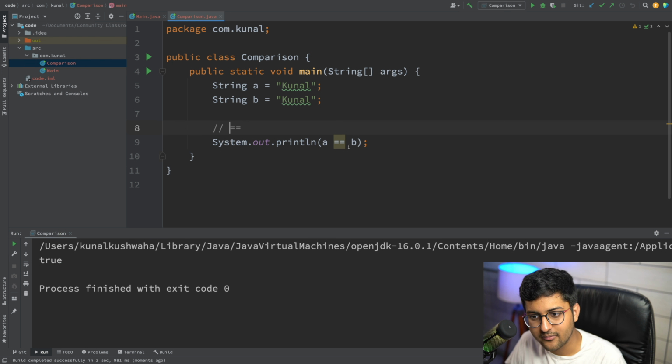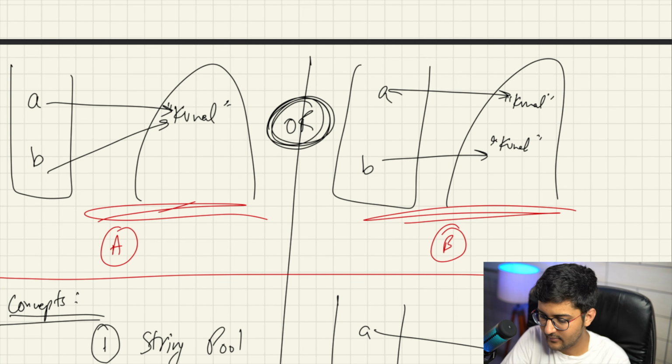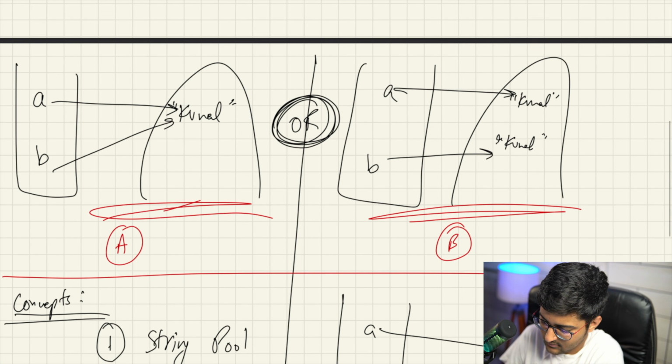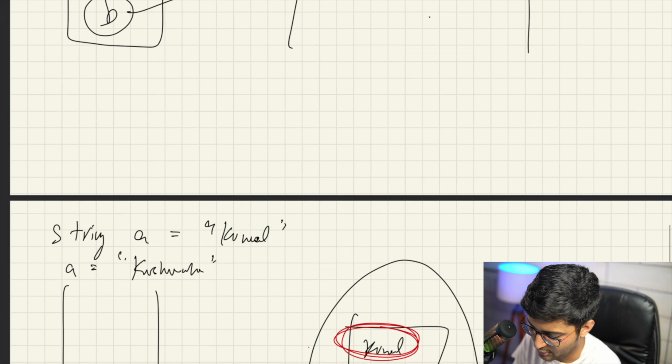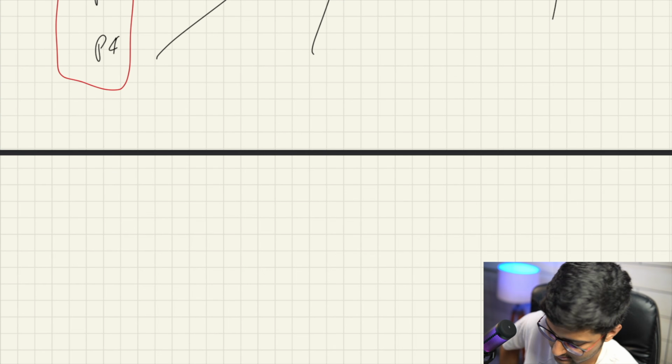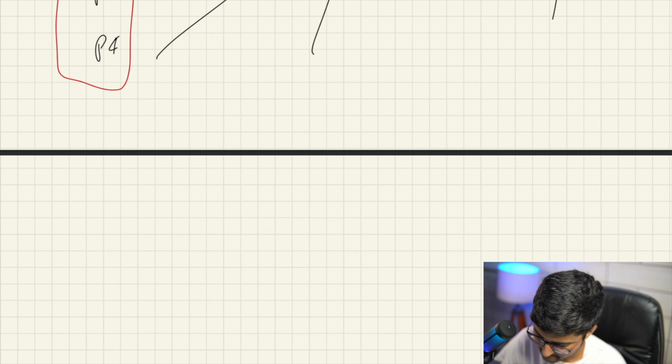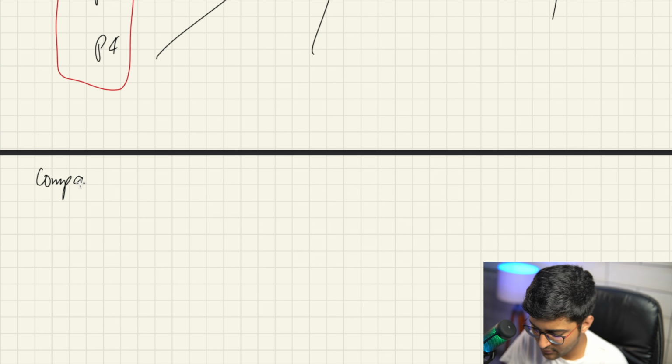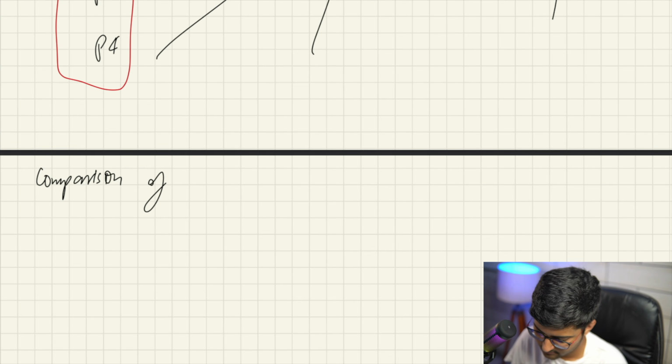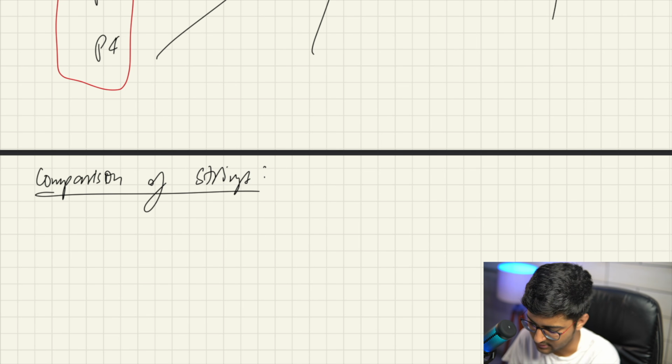So what is the reason for equal to? What is this thing doing and why is IntelliJ IDEA giving me a warning? Let me tell you how. So this is a very important point. Comparison of strings. Pay attention. There are two ways you can compare. Comparison of strings.